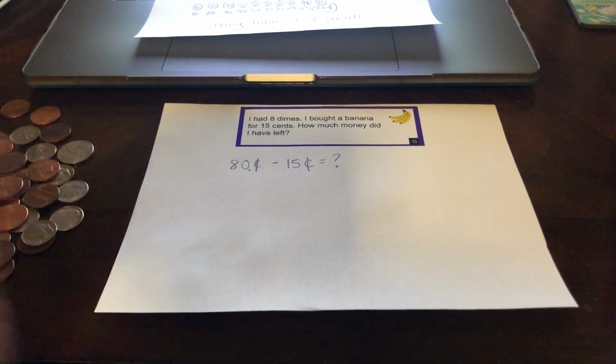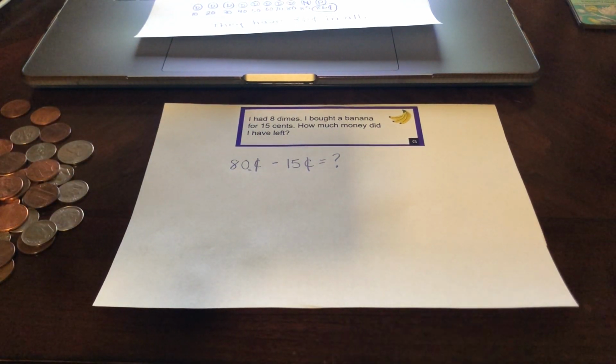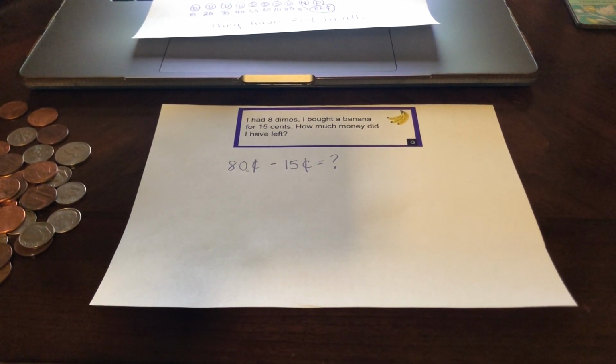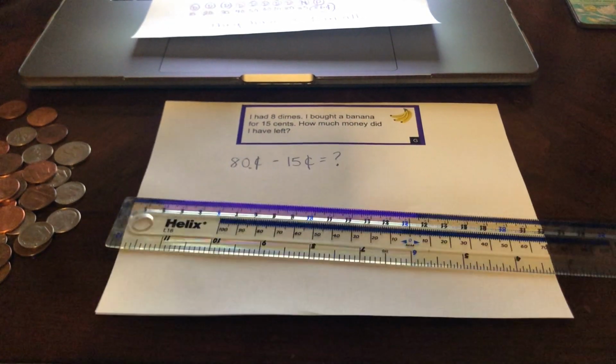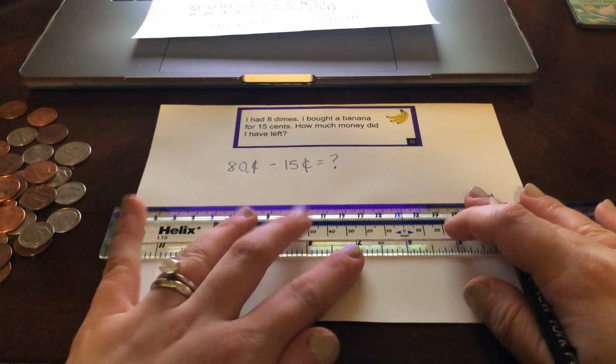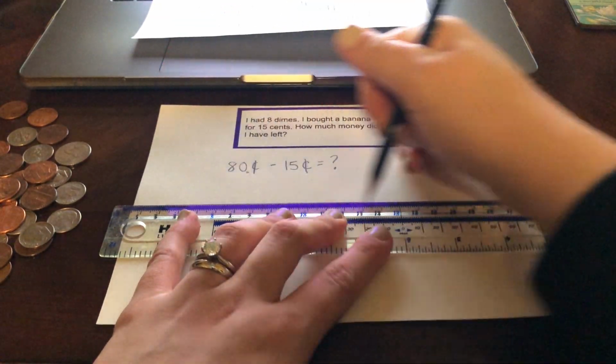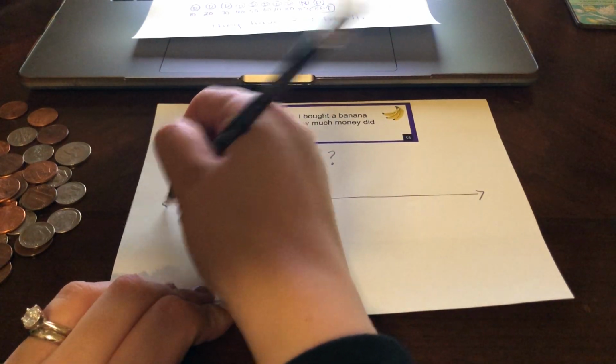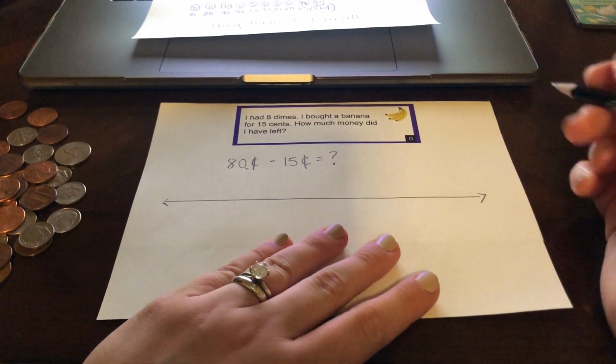Now, I'm going to use a strategy that I like to use to solve this type of problem. So you don't have to solve this using coins. You can, if you would like to, but I'm actually going to use a number line strategy to solve this problem, and I'm going to use the removal strategy.